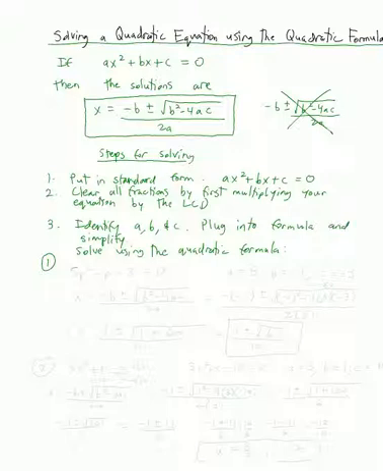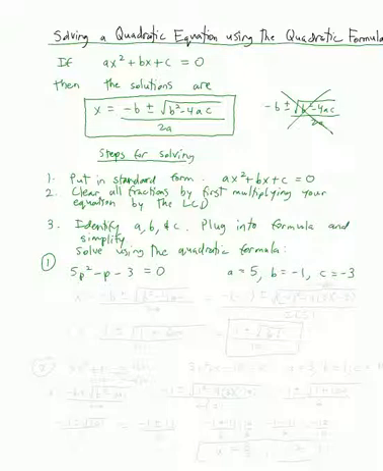So problem 1, 5p squared minus p minus 3 equals 0. Alright, so first of all, this is already in standard form because everything's on the left and it's in descending order. So step 1 is done for us already. Step 2, there are no fractions, we can skip that one. Step 3, identify a, b, and c. So here a is 5, b is negative 1, and c is negative 3.